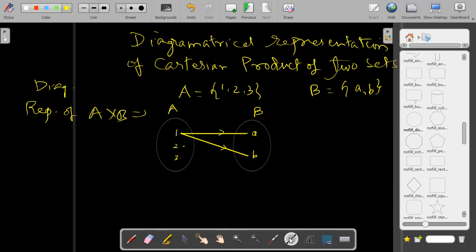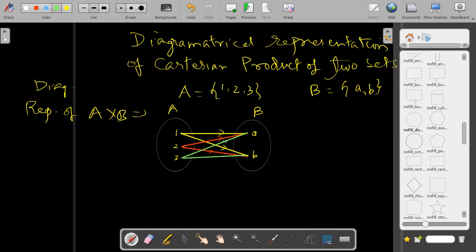Then 2 will connect with a, 2 will connect with b. Also show the arrow. Then 3 is connected to a and 3 is connected to b.